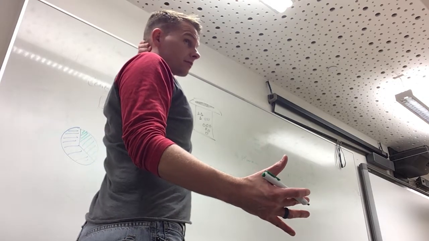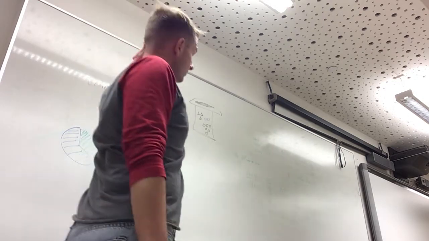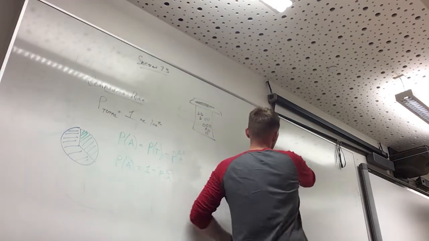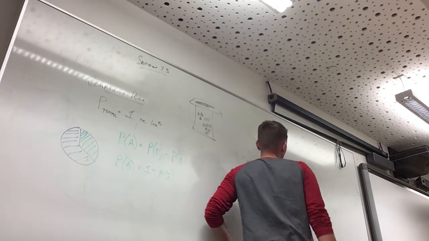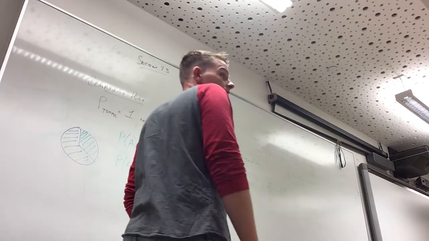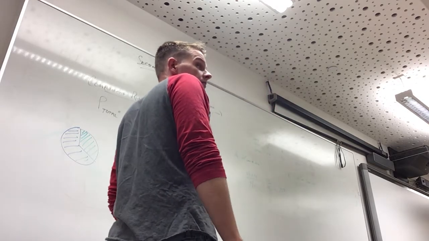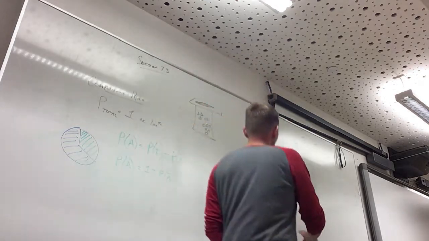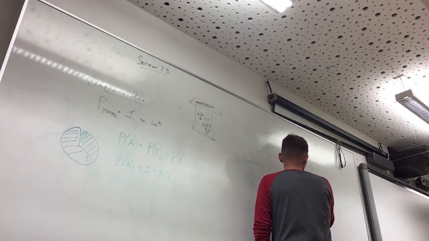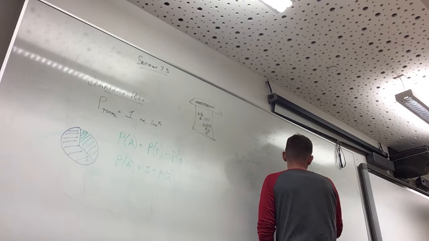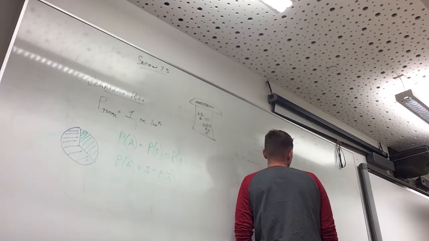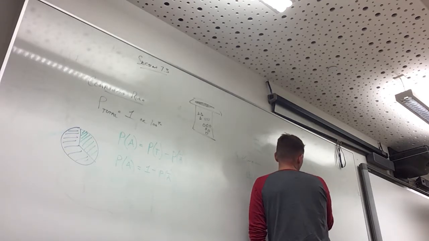So good is 15. The probability of the good is 15 over 40, and the probability of the average is 14 over 40, so the bottom is 40.